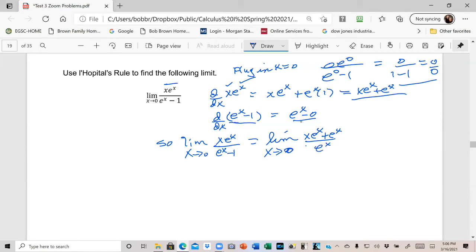So now we're going to plug in x equals 0, and we get 0 plus e to the 0 over e to the 0. Of course, that's 1 over 1. So the limit is equal to 1.